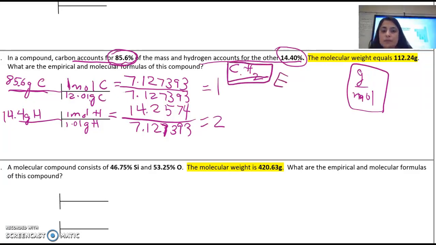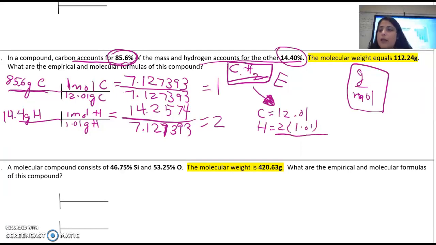CH2, okay? So now I give you the molecular weight in the problem, and that is 112.24 grams. So go ahead and get the average atomic mass of your empirical formula. So I have 1 carbon, and that's 12.01. If you still don't know how to find the molar mass, hydrogen is going to be 2 times 1.01.